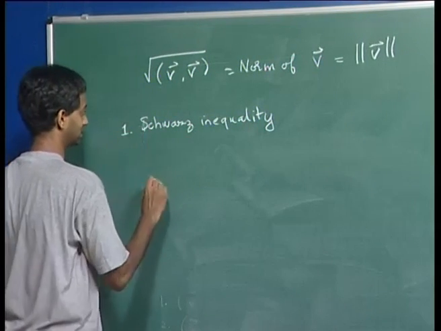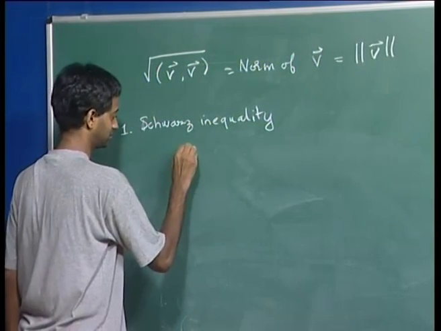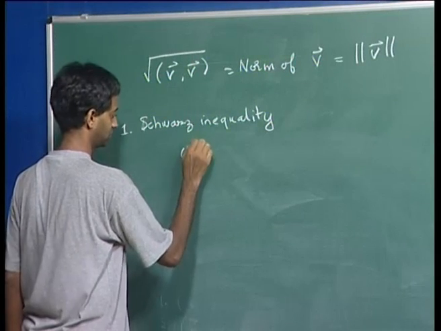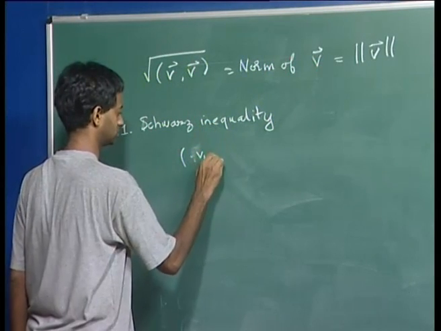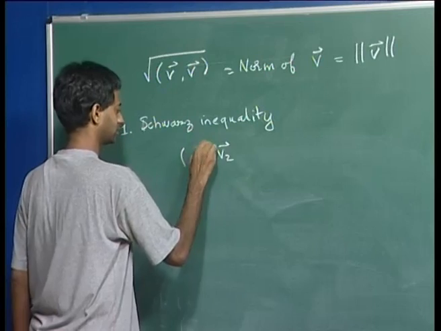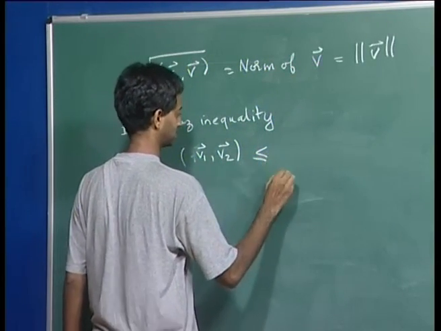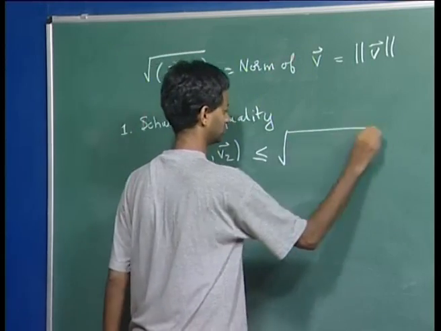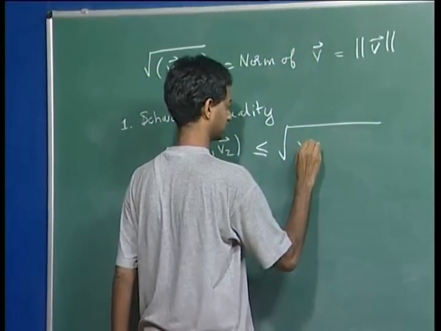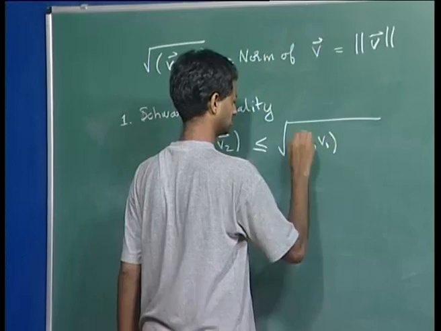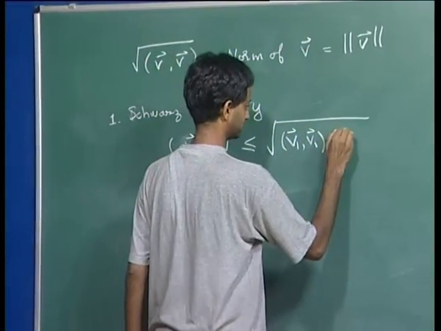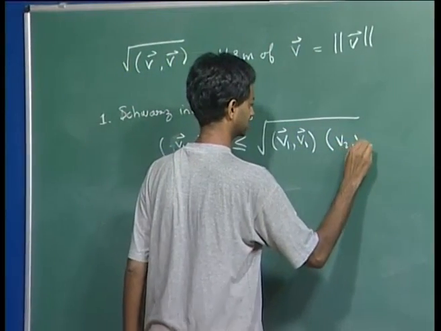So the Schwarz inequality says that the inner product of two vectors v1 and v2 is always less than or equal to the square root of the inner product of v1 with v1 times the inner product of v2 with v2.